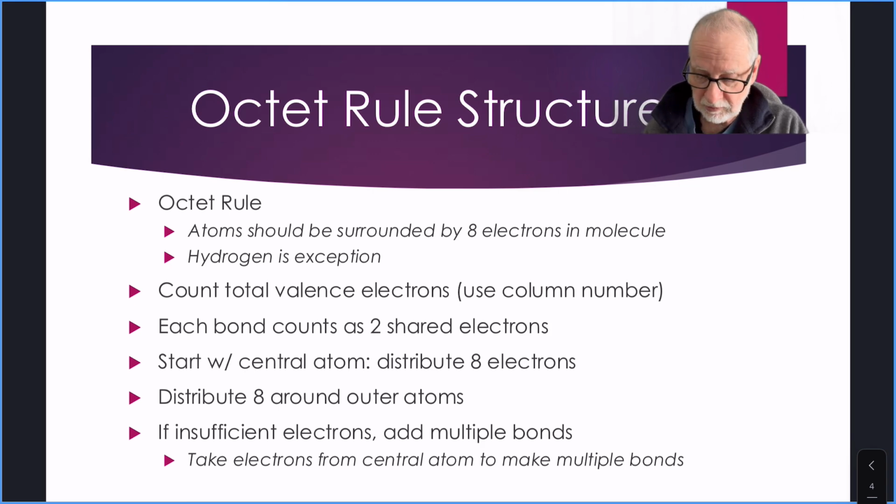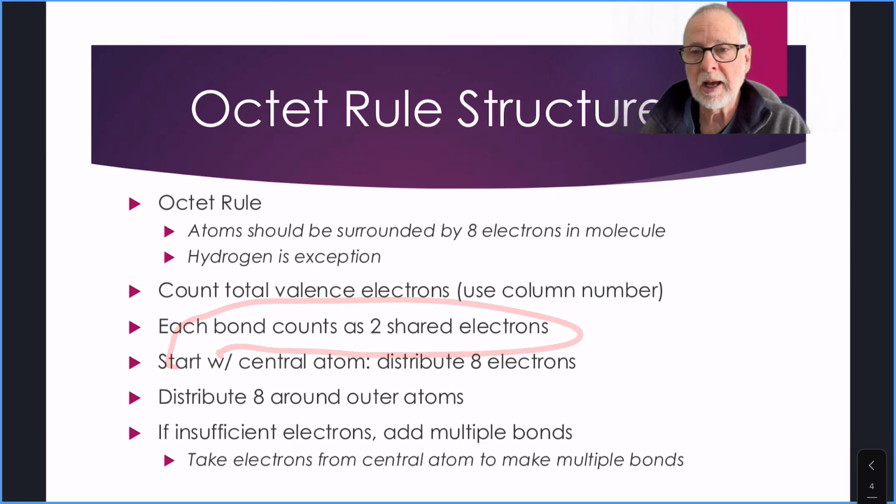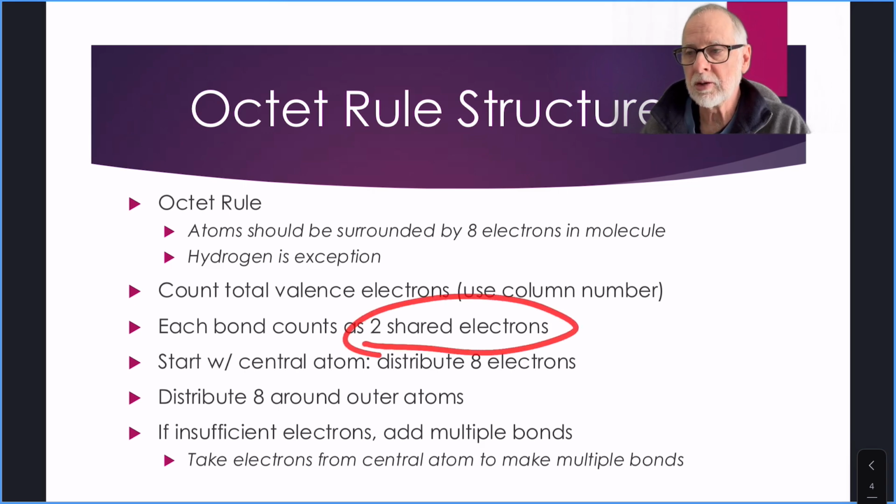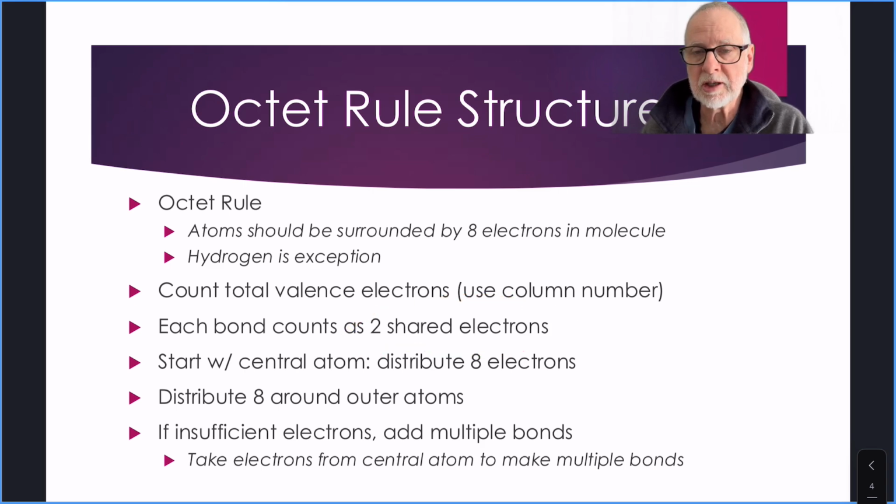So the first thing we're going to do is look at the bonds in the molecule, which each contain 2 electrons. We're going to start with those bonds, and then once we've established those single bonds with 2 electrons each, we distribute the remaining electrons that we have to try to satisfy the octet rule for each atom.